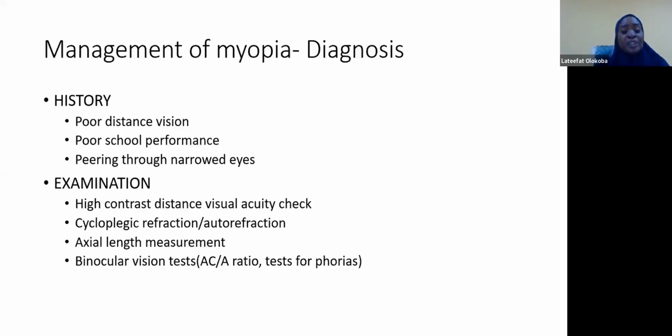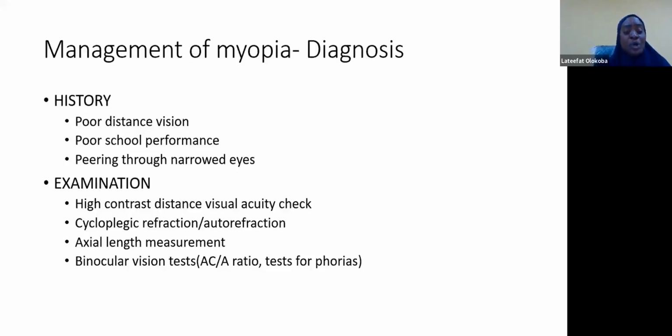On examination, we need to use an appropriate visual acuity meter to check the child's vision, and all children that we suspect to have myopia must have cycloplegic refraction, either with cyclopentolate or tropicamide.